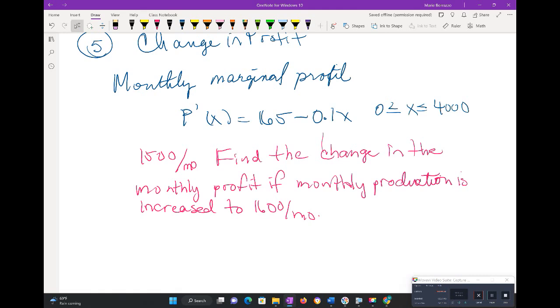So given this information, we need to find the original P at 1,600 and take away the value at 1,500.